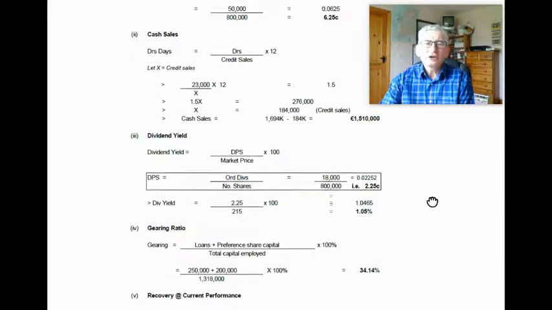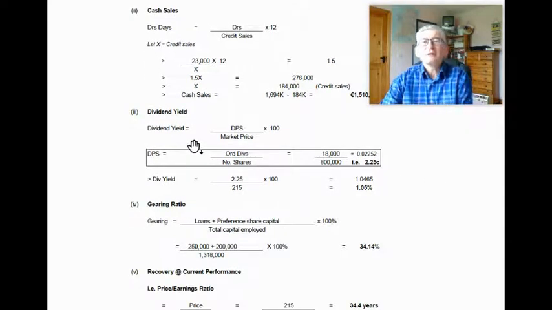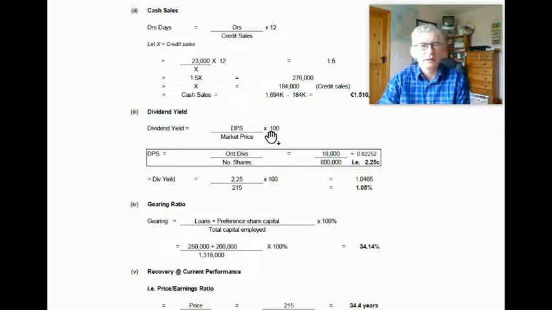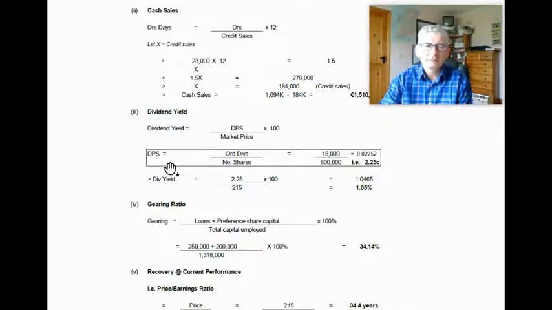Next thing is the dividend yield. Dividend yield, which hopefully you know, is the dividend per share over the market price, and to get it as a percentage, multiplied by 100. Now, do we know the dividend per share? We're not given it as of yet, but we can work it out. Even if you hadn't learned it off, you'd nearly remember it, as it's dividend per share.